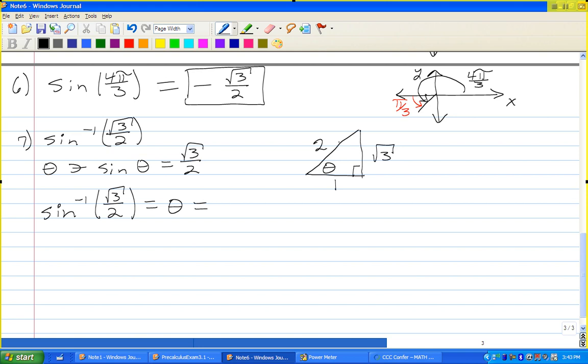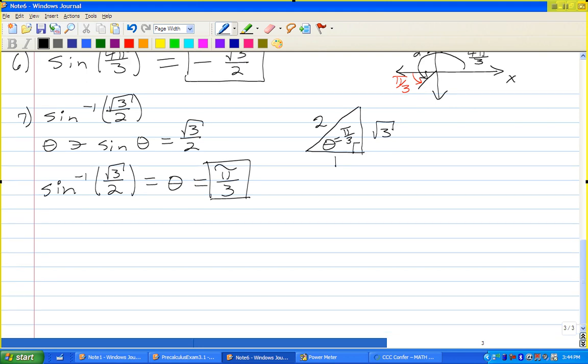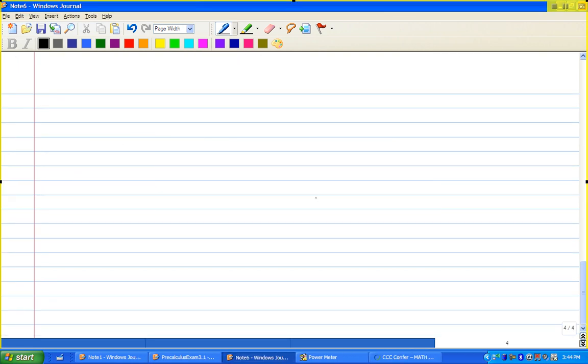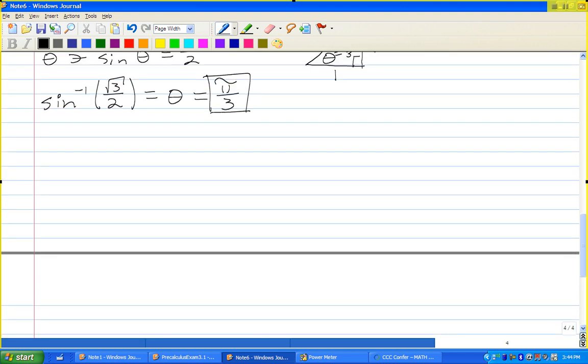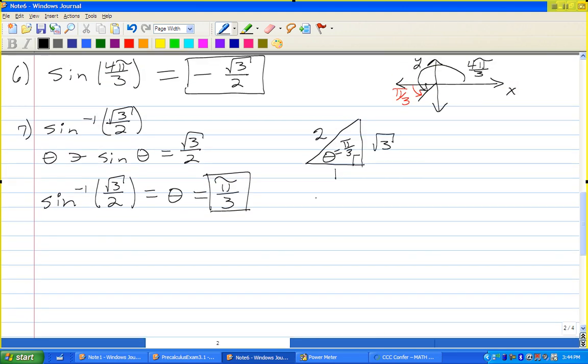But in this case, theta is pi over 3. It's a 30, 60, 90 triangle. That was problem number 7.